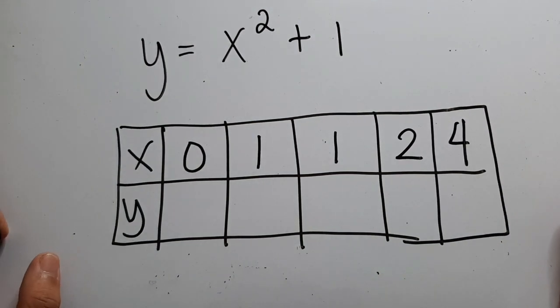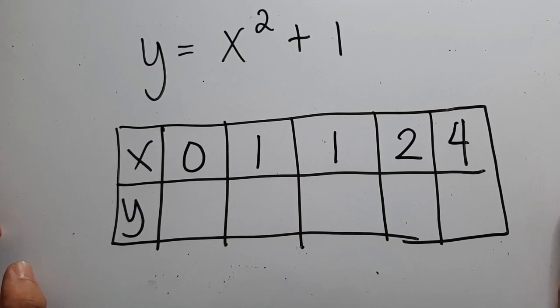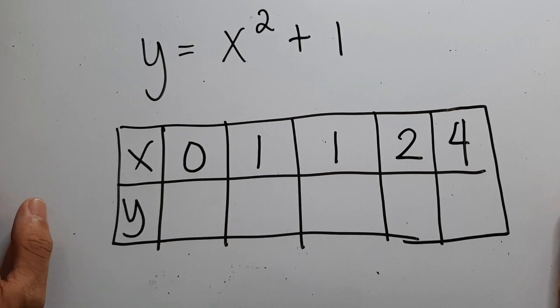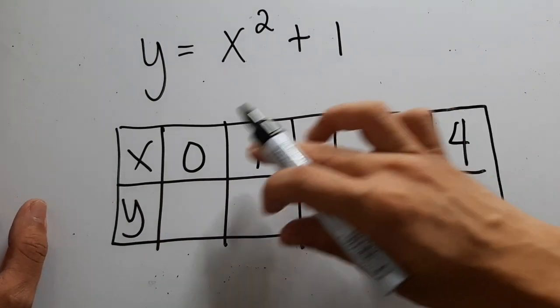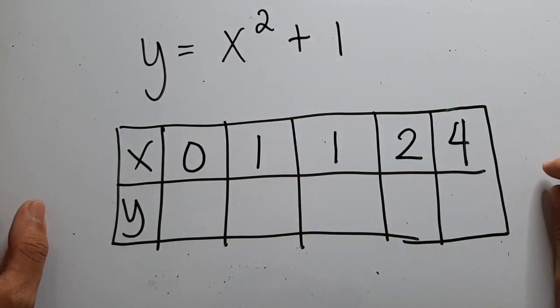Ngayon, sa pamamagitan ng function natin na y is equal to x squared plus 1, or pwede natin sabihin na f of x is equal to x squared plus 1, hahanapin natin ngayon ang value ng ating corresponding y. Halimbawa, kapag ang ating x ay equal siya kay 0, ibig sabihin papalitan natin ang value ni x na 0.